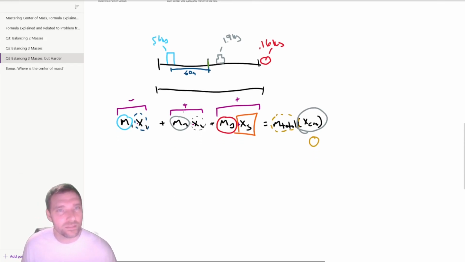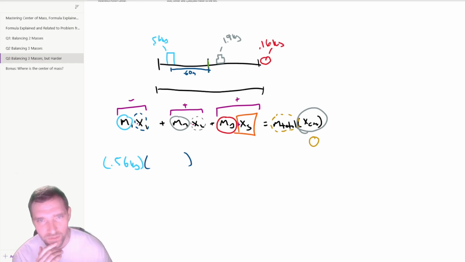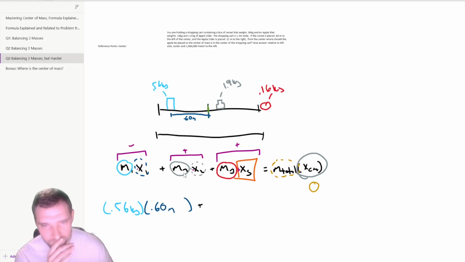So if we do 0.56 kilograms, that is going to be times the x1 displacement, which I believe the problem gave as 0.6 meters. Yep. And we have M2, which they gave us, I think it was like 1 point something.